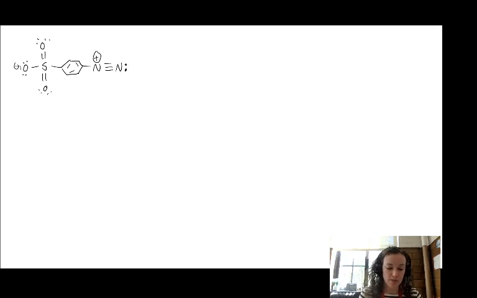Reactant number 1. Reactant number 2. And we can start this mechanism off by having those electrons on the rightmost reactant push in to the benzene ring.